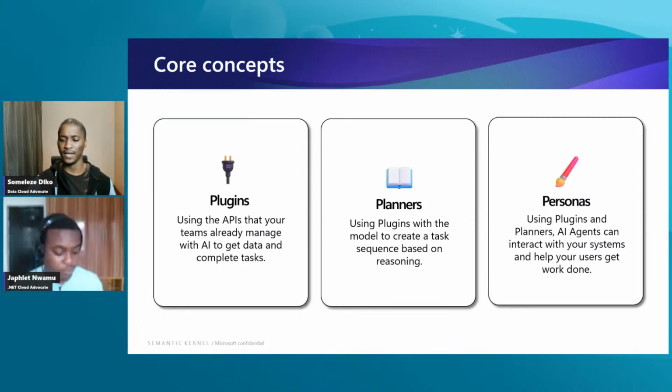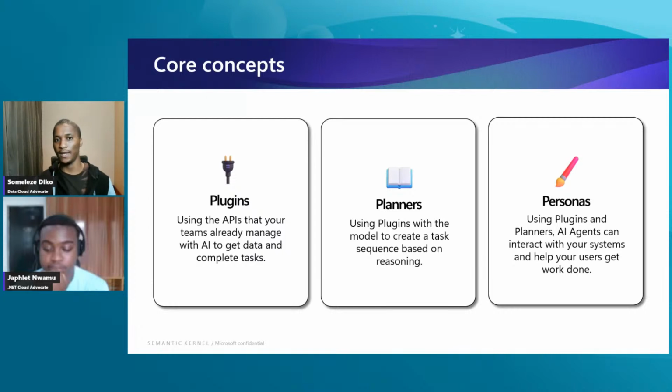And then right after that, so that's what you can do with planners within semantic kernel. And then personas, which is the third concept for semantic kernel. If you take that Clippy example, for personas, this is where Clippy would actually come in. This is where we take those two pieces, the plugins and the planners, and we can give the AI agent a personality, a job description, to go and use those different pieces.